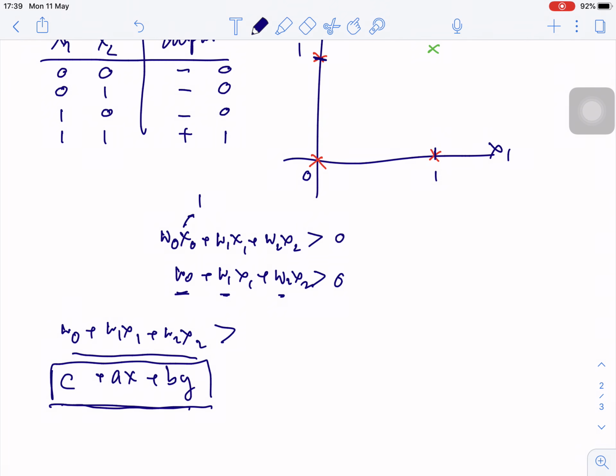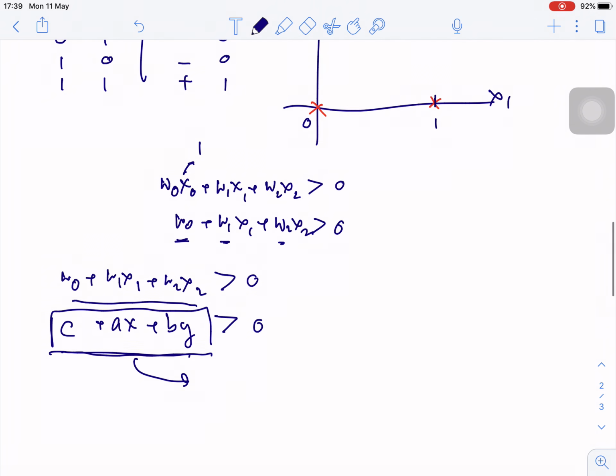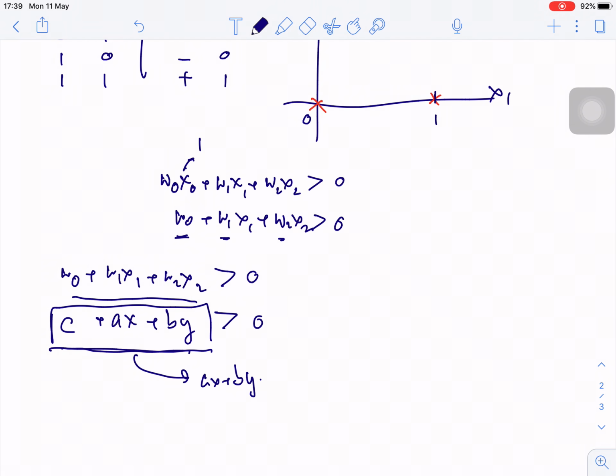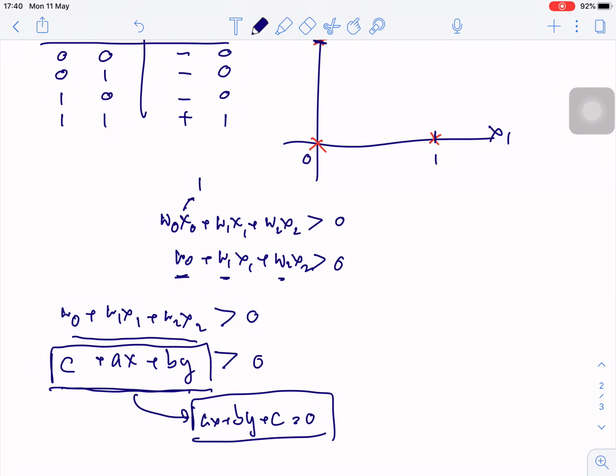Or if you compare with 0, the approach that you have to do is you have to find the line ax plus by plus c is 0, right? And you have to check which side of the line is positive, greater than 0, or which side of the line is less than 0. So this is the way that you can do. You have to find a line that can divide the space into two parts, the positive and negative.